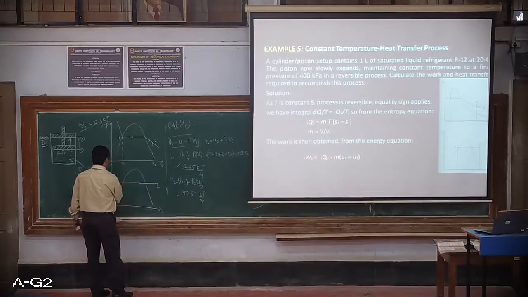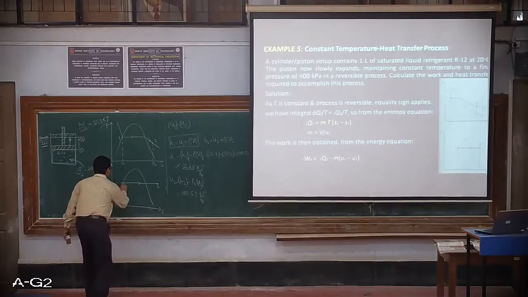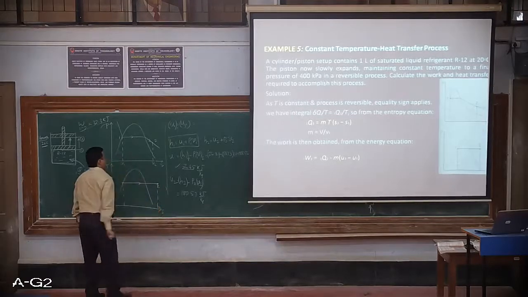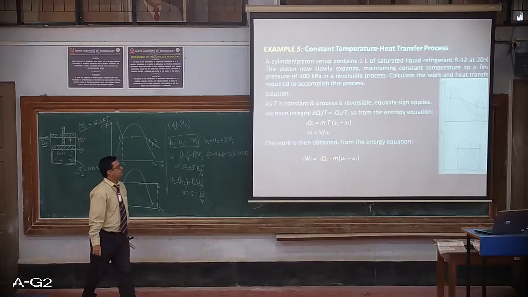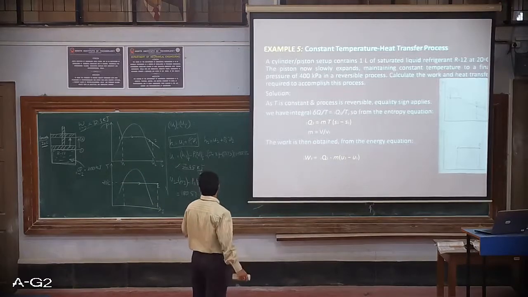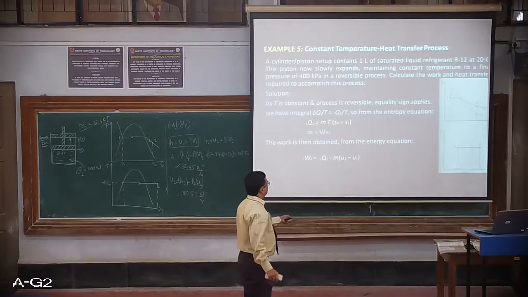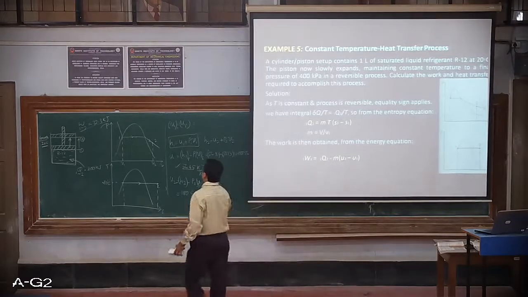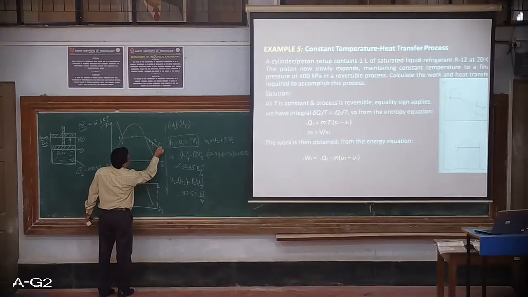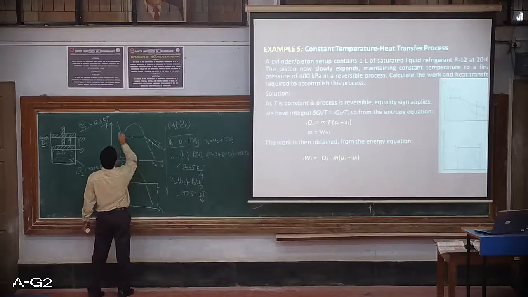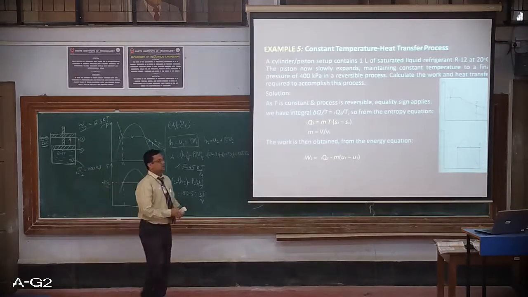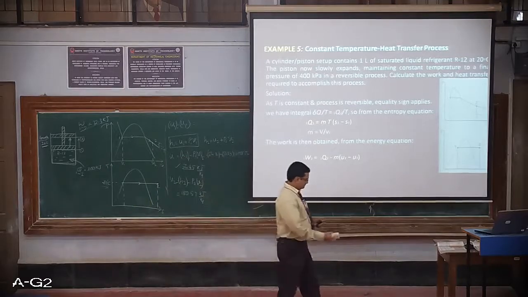This is a constant temperature heat transfer process, which gives us the amount of work transfer as well as heat transfer. So this is the area which tells about the work transfer and heat transfer, and this is the line of constant temperature Tc, equal to 20 degrees Celsius. Throughout it remains constant. That is the end of the solution.